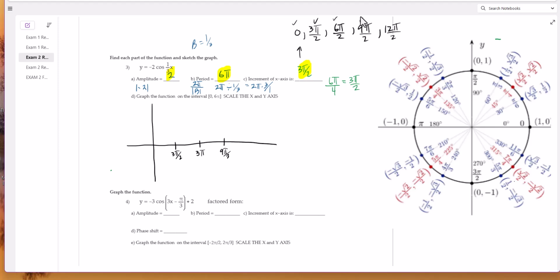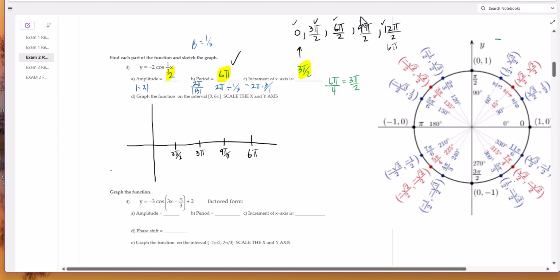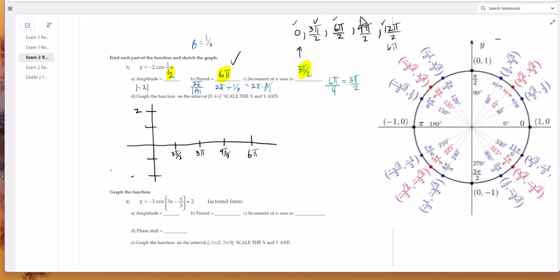And notice on this, when I counted to 5, 1, 2, 3, 4, 5, I made it to the end of that period. Okay, so that's going to take care of where these key points lie. And then we're going to have the -2 for an amplitude. The amplitude's 2, so that's going to stretch the max up to 2 and the minimum down to -2 like that. Okay, now we're ready to go with this.